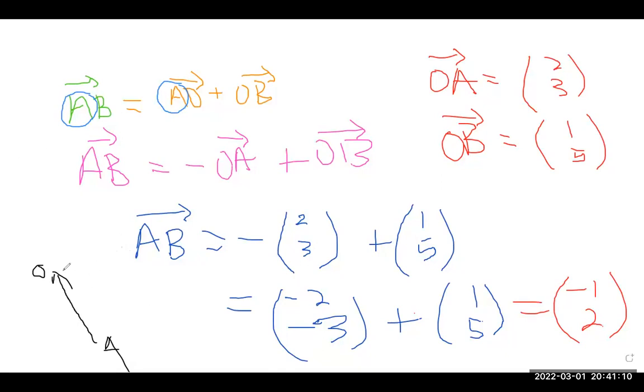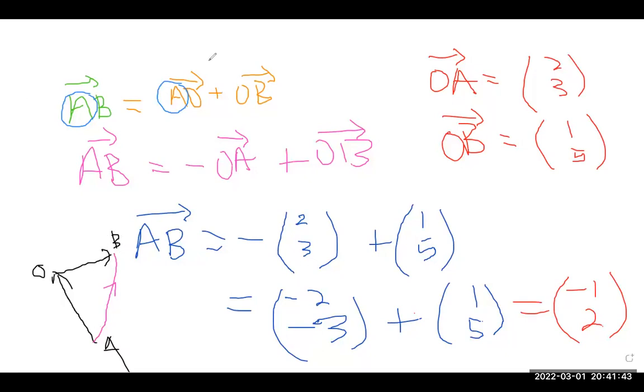From O to a point B. So that's A to O, then O to B. And that's going to give me the AB, right? That's what this is representing here. AB, which is the main road, let's say, is the same as taking the back street AO and OB. You're going to end up at the same position right here.